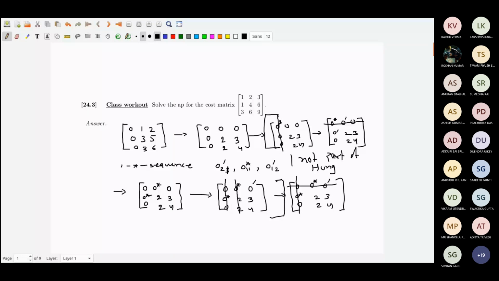It just says somehow or other you cover all the zeros of the matrix by the minimum number of lines. But given a 50 by 50 matrix, how do you know that you have covered all the zeros by the minimum possible lines? You will have to follow some algorithm whose correctness you also know. One of them is this bipartite matching algorithm.